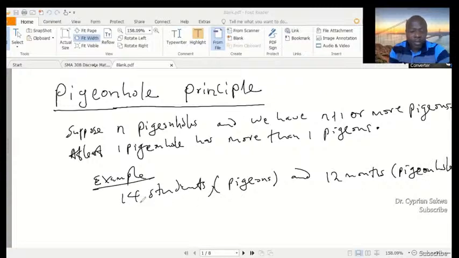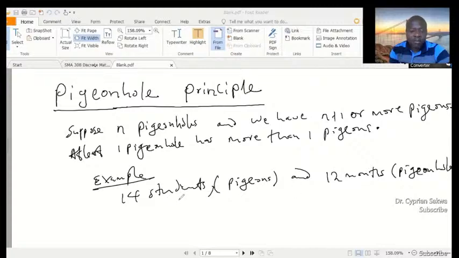Then you will see that there must be more than one student born in the same month. At least two students were born in the same month.